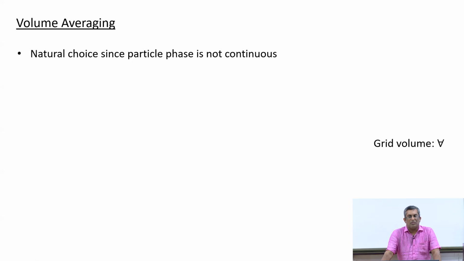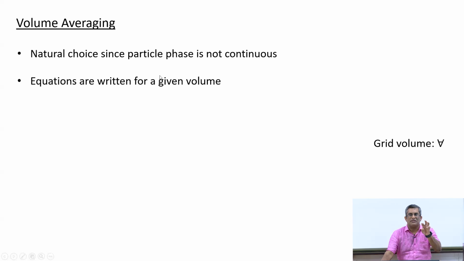Because we know that the particles are distributed throughout the flow, it's a natural choice to divide this entire region into finite volumes and consider the particle behavior in each volume. And we write equations for each grid.